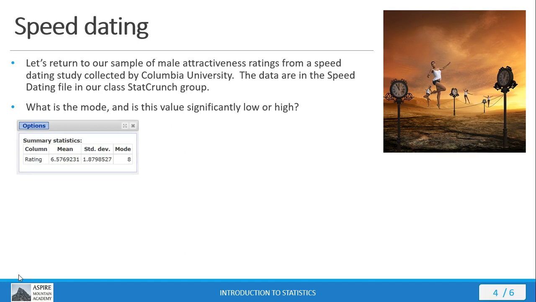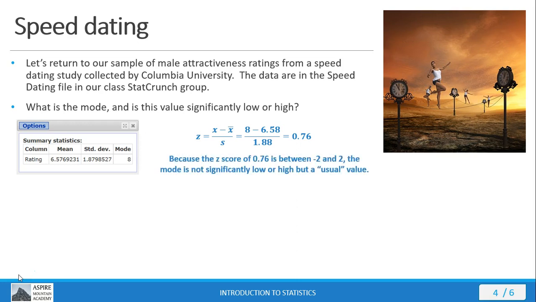The mode is clearly here, but so are the mean and standard deviation, which we need to calculate the Z-score so we can judge whether the mode is significantly high or low. To calculate the Z-score, we substitute our values into the Z-score equation and punch it out. This gives us 0.76. And because 0.76 is in the range of usual values, it's neither significantly high or low.